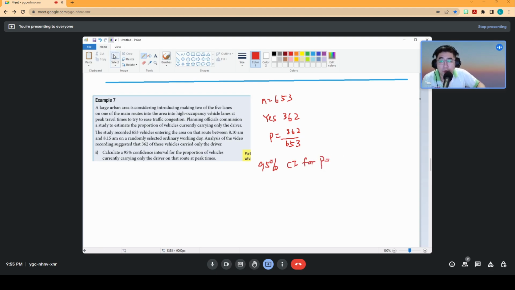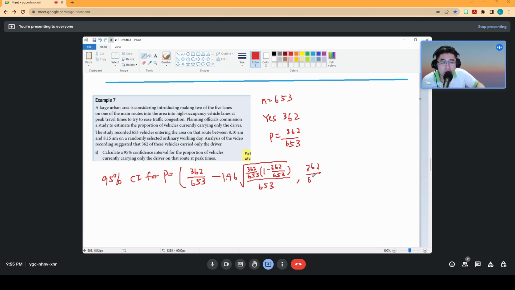So let me crop it and put it on this side. I will have 362 over 653 minus 1.96 square root of 362 over 653 times 1 minus 362 over 653, over 653, comma, 362 over 653 plus 1.96 square root of 362 over 653 times 1 minus 362 over 653, over 653.